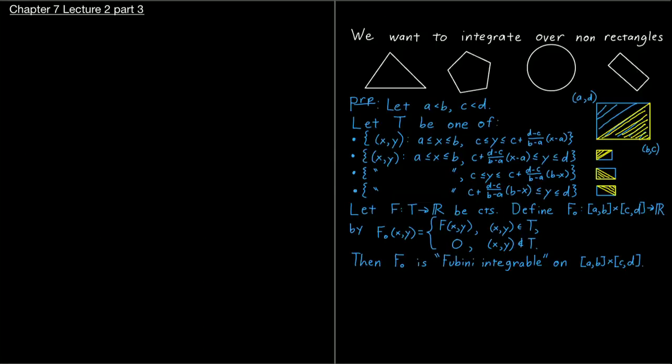So this idea in this proposition that we say something is integrable on a triangle if you can extend it by 0 and then integrate it on a rectangle, let's write that down. Let's let that be our definition of Fubini integrable on an arbitrary set.